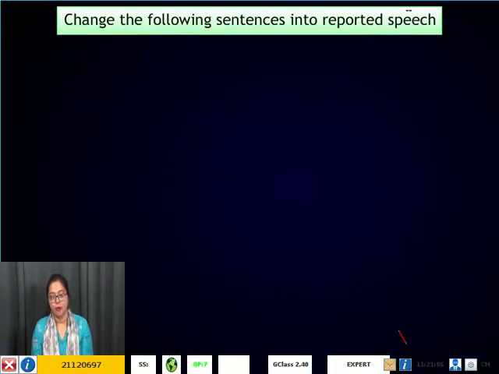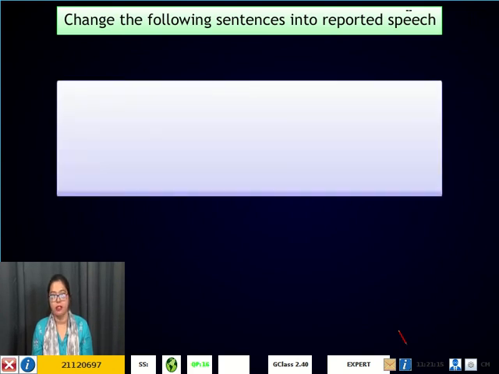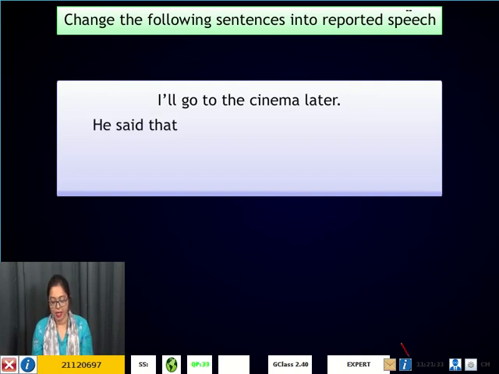Now on the screen, you could see: change the following sentences into reported speech. One sentence is coming up on your screen, in direct speech. I'm reading it out: I'll go to the cinema later. Now we are converting this sentence into indirect speech.